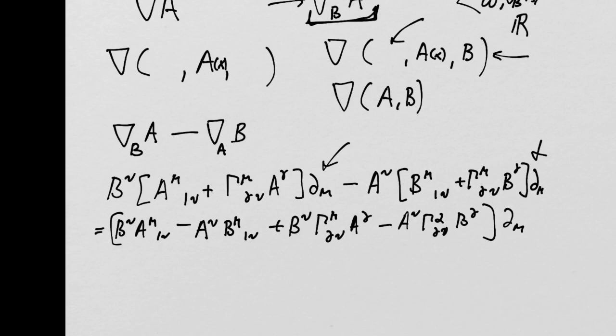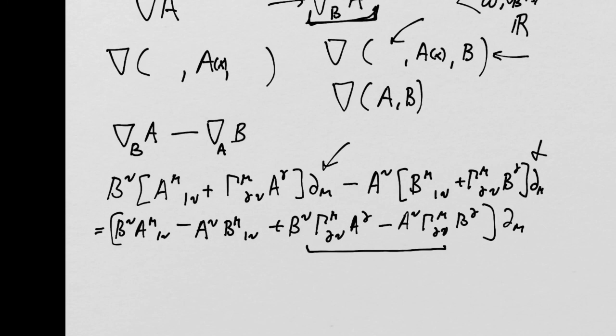So we want to have a close look at these two terms, right? Because ultimately what you have is some dummy indices. Actually, yeah, this index is screwed up. That should be a mu, right?